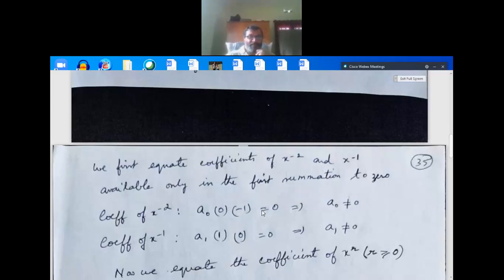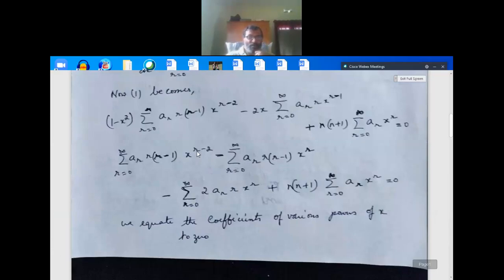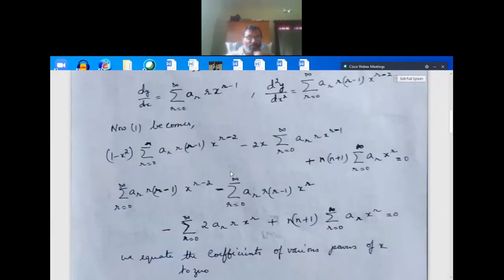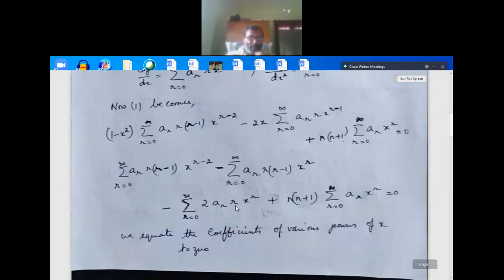In this case, what happens? First we equate when r equals 0. When r equals 0, this will be completely 0. So first we equate x power minus 2, the lowest power.